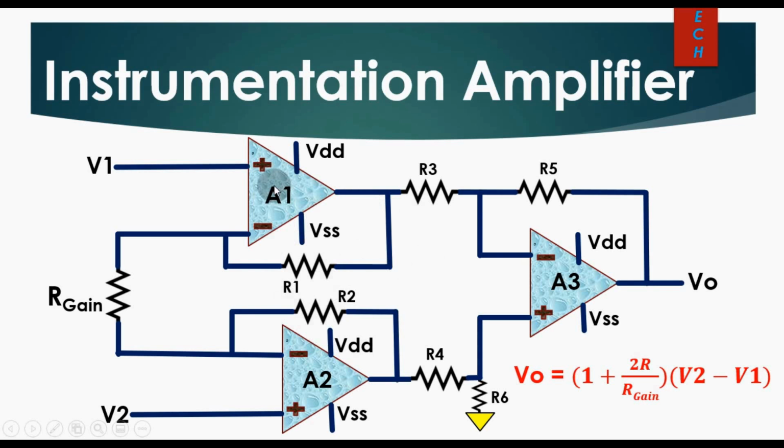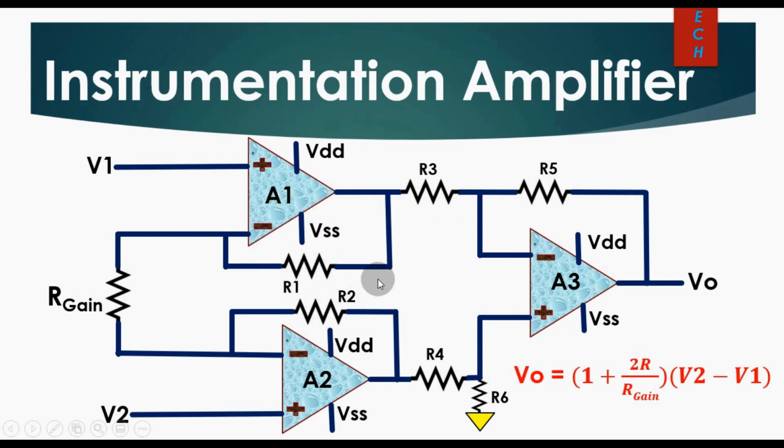You can see here A1, A2 and A3, and there are external resistances which will connect here: R1, R2, R3, R4, R5, R6. Because of the non-linearity of these resistors and the operational amplifiers, it is very difficult to reject the common mode voltages, because of the variation of these resistors.